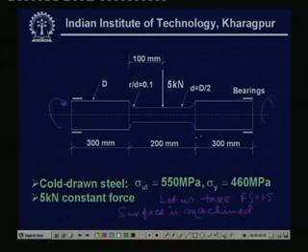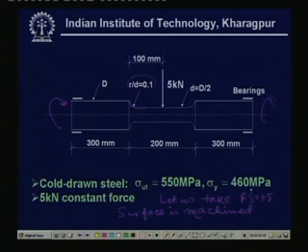You can see the distances, and another situation is that it has got a fillet radius whose R by D ratio is 0.1, whereby the large diameter to small diameter ratio is also given, D equals to 1.5 d, where capital D is the diameter of the larger portion and small d is the diameter of the smaller portion.